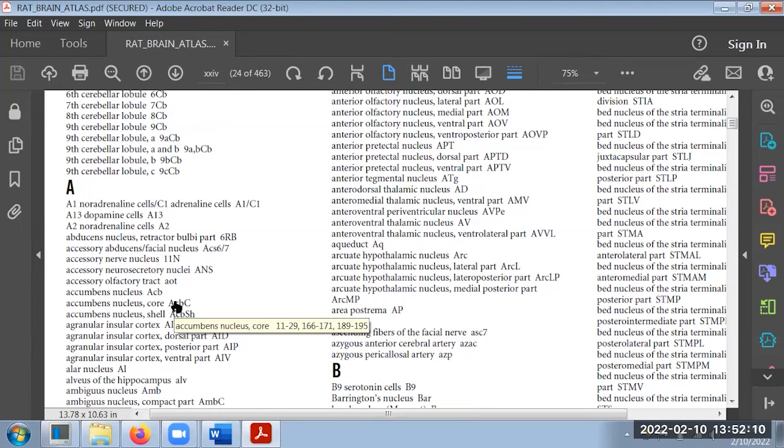And so we can look at these page ranges, and this will tell us where to expect to see this brain region. So the nucleus accumbens core is on pages 11 through 29, and I know that these are the coronal view pages. 166 through 171, those are the sagittal section pages. And then that leaves the horizontal section pages for the other numbers, 189 through 195.